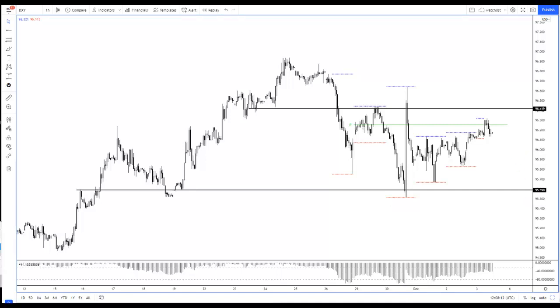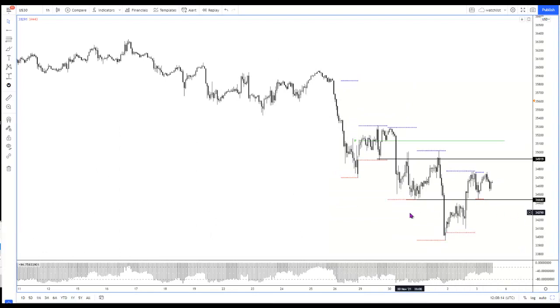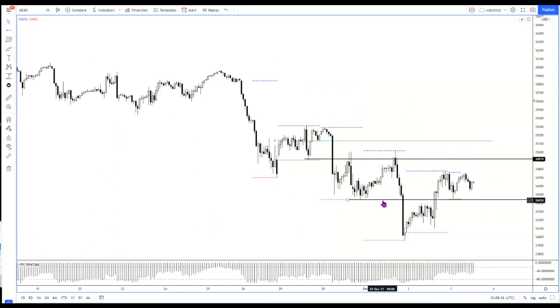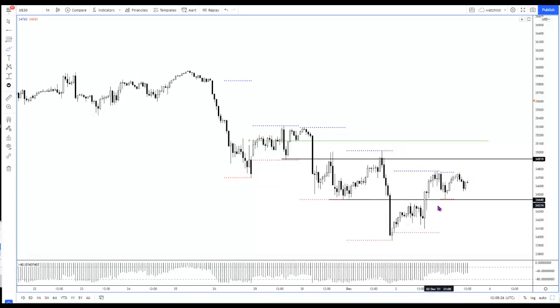Now, on the equity side, yesterday I was looking at possible shorts on the Dow. I told you guys that pre-market shorts were crazy risky, and normally price just takes out weak shorts, weak players, before really retesting the previous broken lows or the previous broken levels.